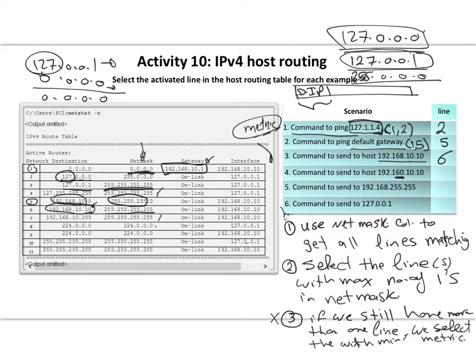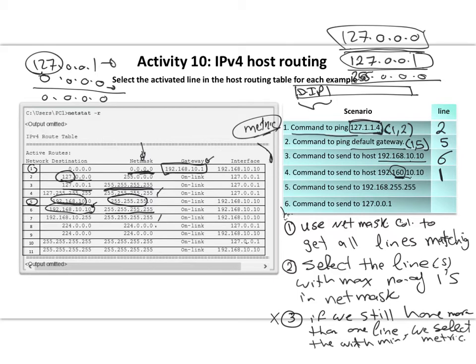If you try to match it with line 5, line 5 requires 3 bytes matching. There's no 3 bytes matching here because this is 160, not 168. Line 6, no match. Line 7, no match. Line 8, of course, to 11, no match. So which one will be selected? Line 1. Line 1 always matches.